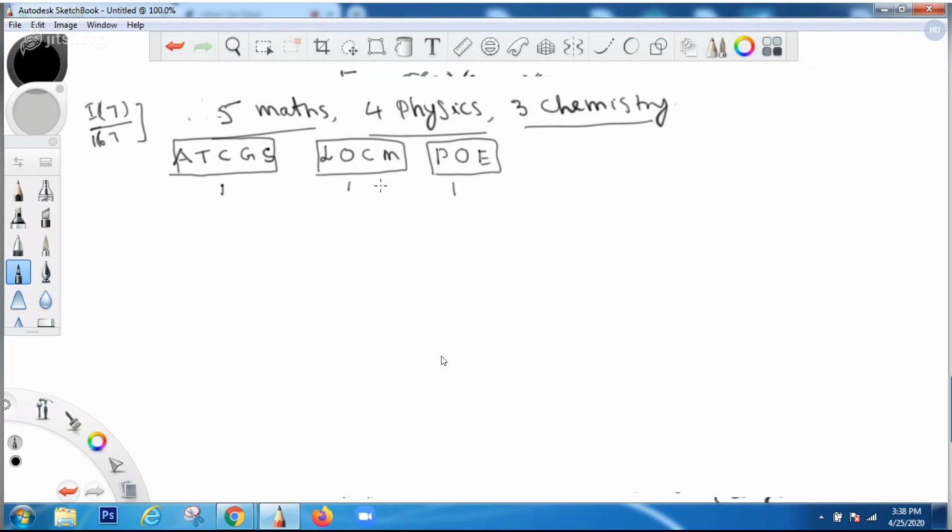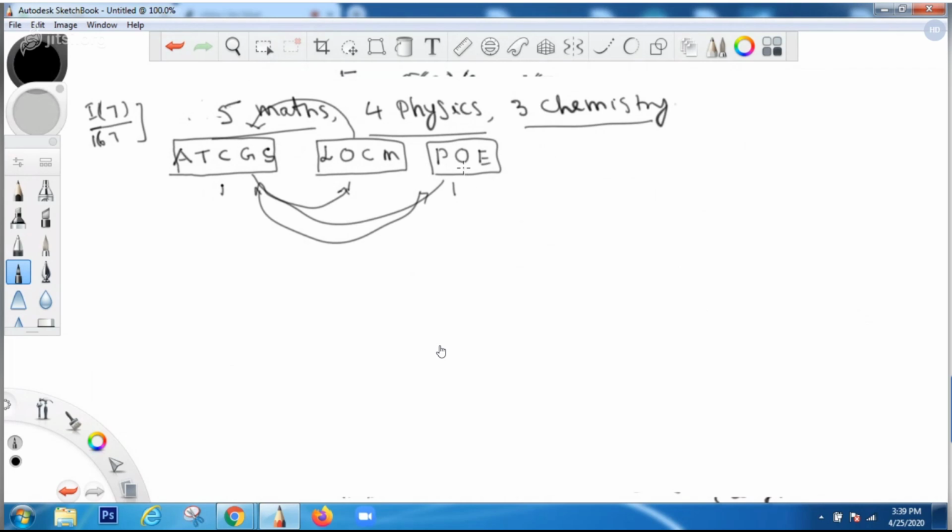These three bundles can be interchanged in all possible ways, so that math will always be together, physics will always be together, chemistry will also be together.